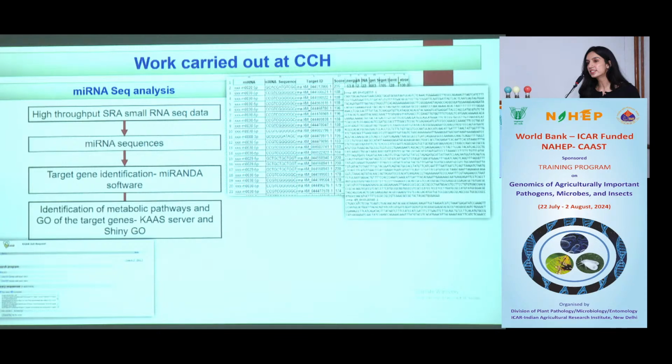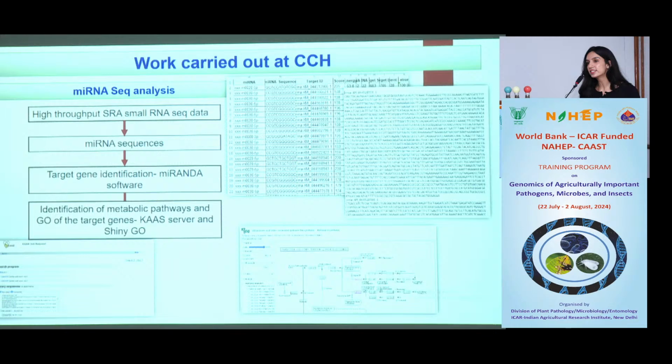You just input the sequence of any particular gene of interest into that software, or you can just add the KEGG number if you have one, and from that you can get the pathway that gene is involved in. For example, plant pathogen interaction, hormone signaling pathway, auxin signaling, etc. So you identify the pathways of these particular genes. This Cas server is a freely available web server that you can also use for getting the pathways of these genes.